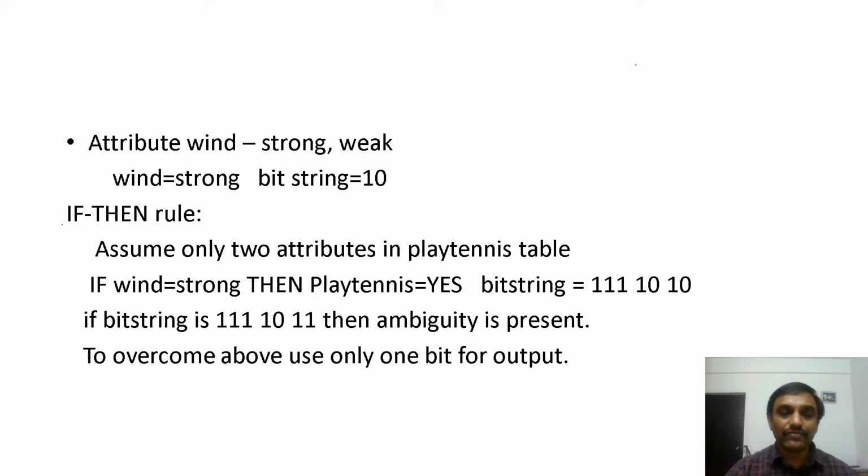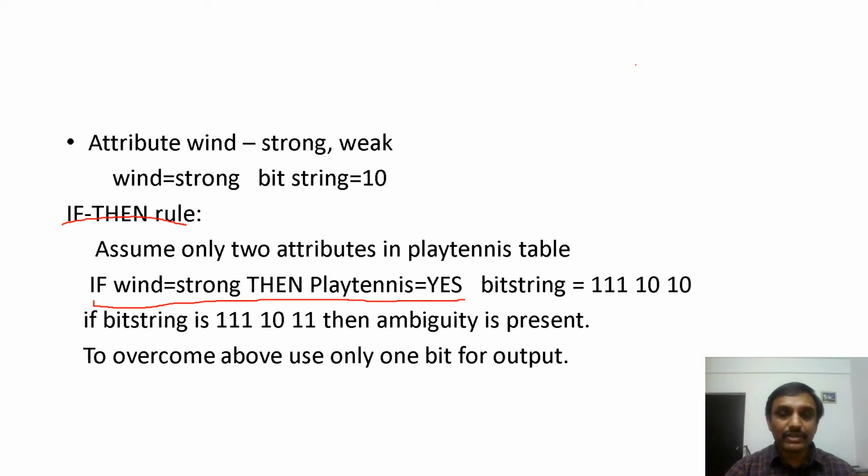Now see the if-then rule. To explain this if-then rule, we are considering only two attributes in the play tennis table. Assume this is my if-then: if wind equal to strong, then play tennis is yes. In this case, outlook contains three values, which are not considered here.